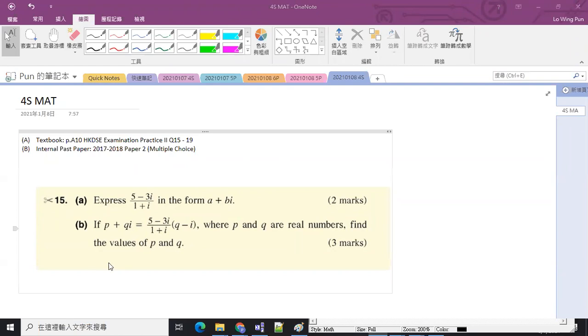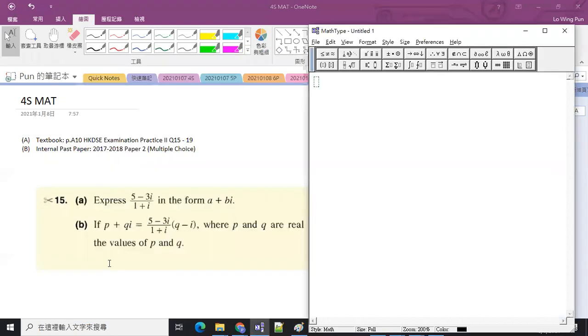The question in part A asks you to express (5 minus 3i) over (1 plus i) in the form of a plus bi. So this is very, very typical.